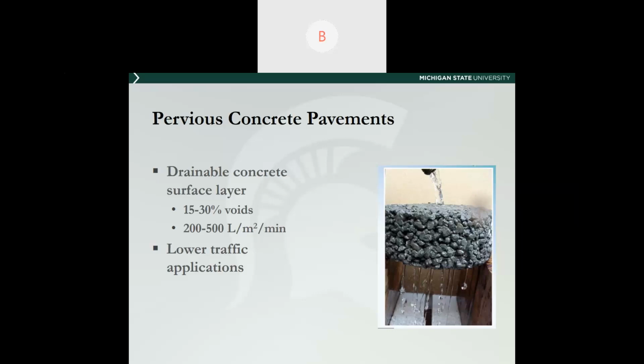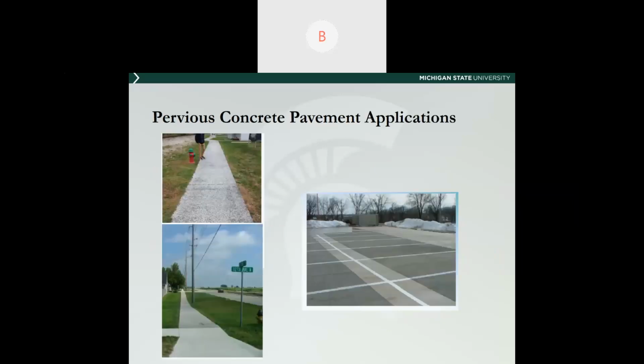So I thought I'll just share a picture of that with you. And here are some pictures of the use of pervious concrete. As you can see, here's a parking lot, and then here's a sidewalk that is constructed. This is a residential area, so there is really no vehicular traffic.